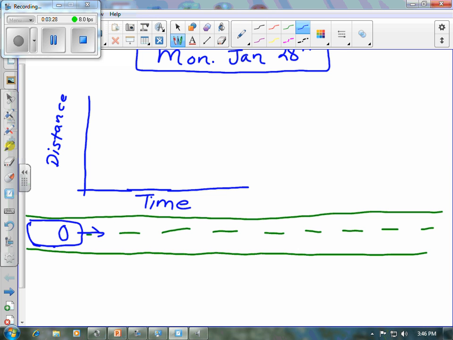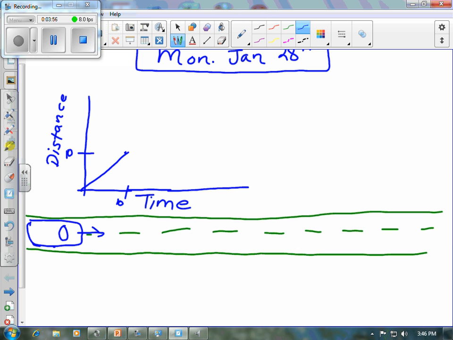So now the car isn't moving at a constant velocity. So if we graph what happens as the car drives, you'll see some changes. So let's say in 10 seconds, so here's 10 seconds, it goes 10 meters.